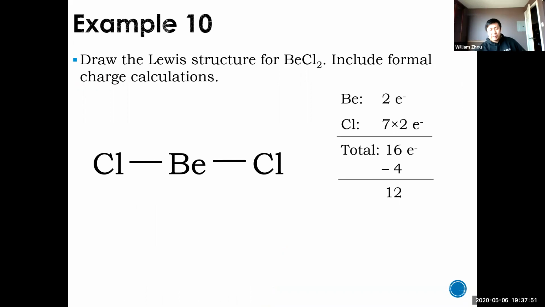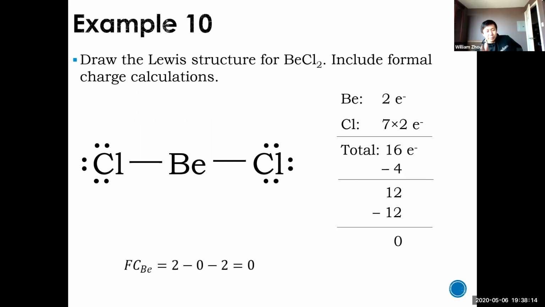By the way, this has to be a straight line for the same reason. Again, you want to be as far apart as possible. So you have 12 electrons remaining. You will give the chlorines 6 each. And once you do that, you will have run out of electrons. You would have 0 left. You have nothing for the beryllium, and that's fine.